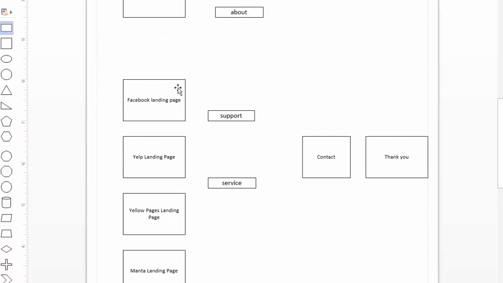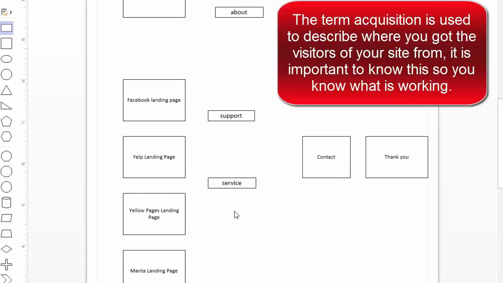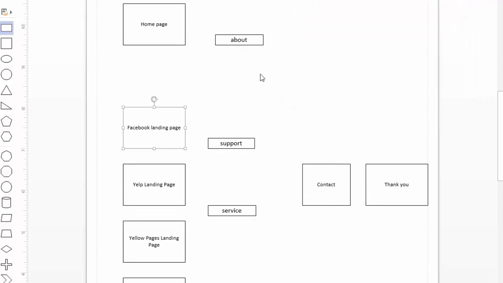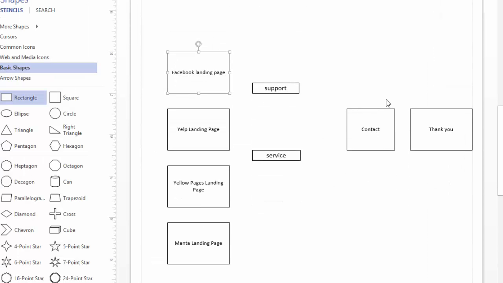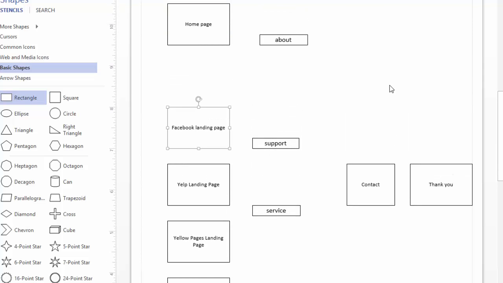So what you've got is people coming into your site from different locations. This is where it's all about the user and their experience. So somebody coming from a Facebook landing page, your link is most likely going to be to this support section. The thing is that when you are creating your marketing materials, you're not really marketing Fred's Computer Store.